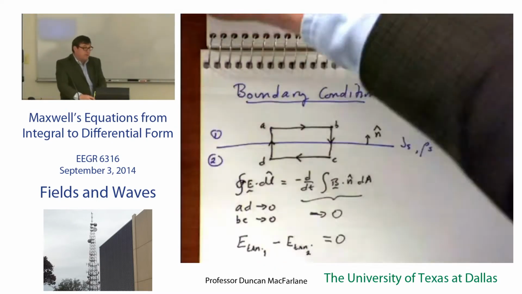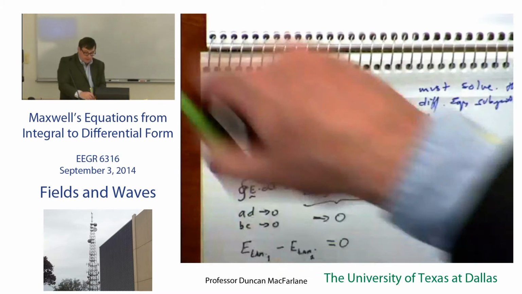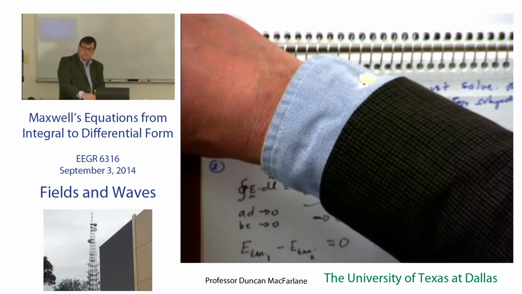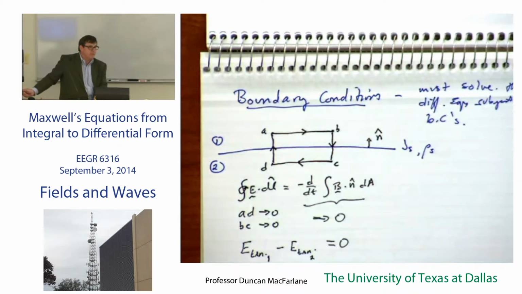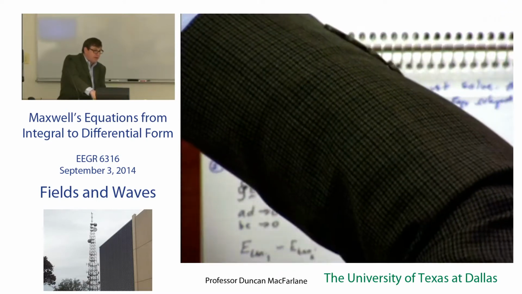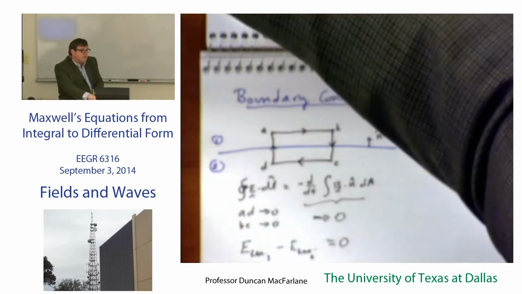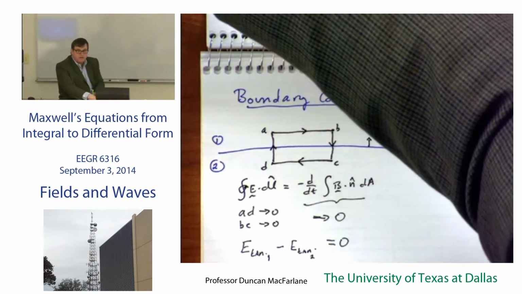We will decompose that vector into one that's tangential and one that's normal. I haven't said anything about what that normal is doing right now. But one thing that I do know is that this tangential component of the electric field in the air above the desk and right in the fake wood just below that surface are going to be the same.